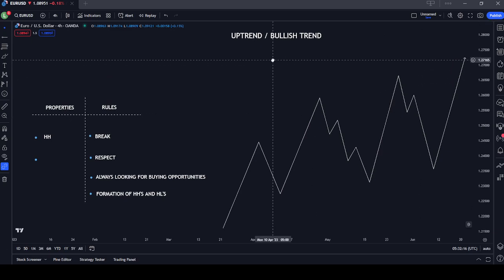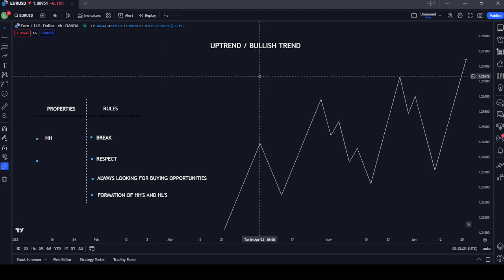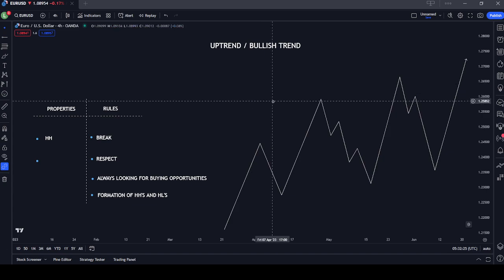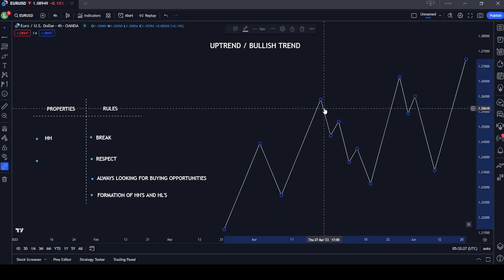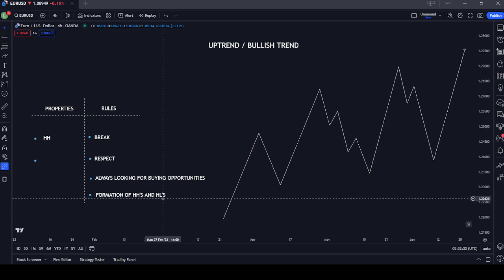Like I said, each and every trend has its own properties and rules. So here we are on an uptrend. An uptrend is the formation of higher highs and higher lows, simple as that.